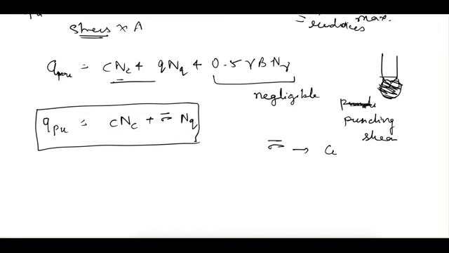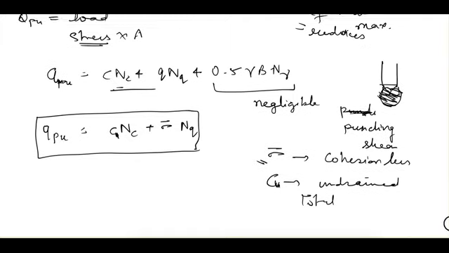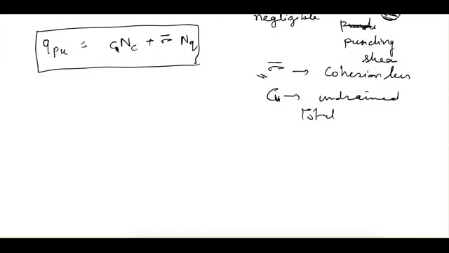Effective stress for cohesionless soil and mostly total stress for cohesive soil, that is if this c we want to find out, normally we will find out a cu, that is undrained cohesion. So we do total stress analysis in case of cohesive soil, whereas in case of cohesionless soil we do the effective stress analysis. This is the general equation of end bearing resistance or the stress due to end bearing resistance.